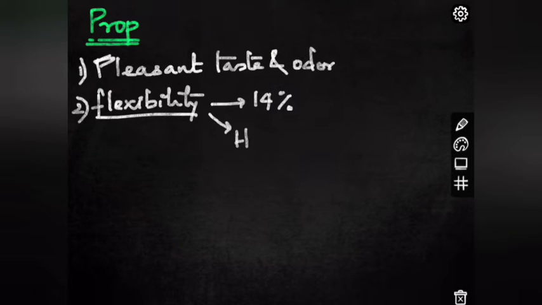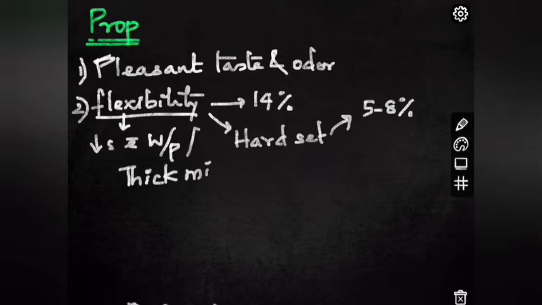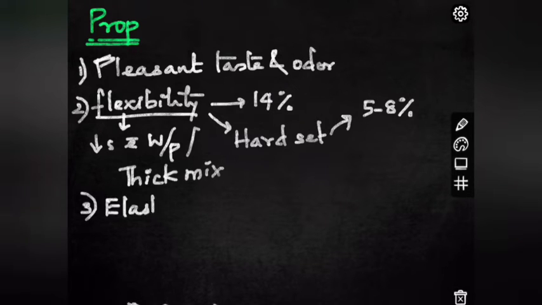However, a hard set material has lower flexibility than a material that is just mixed. If we decrease the amount of water to the powder, or use a very thick mix, the flexibility of the material is going to decrease. This is why we do not recommend altering the water powder ratio to alter the setting time.